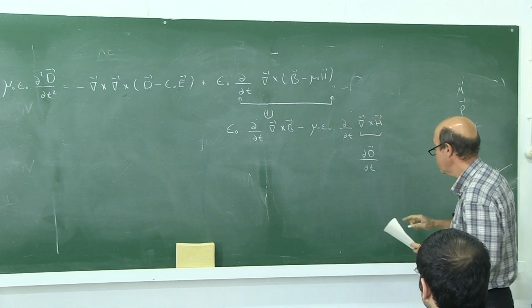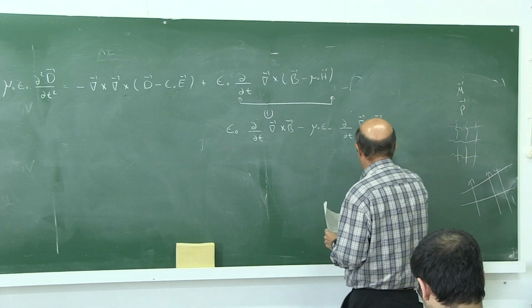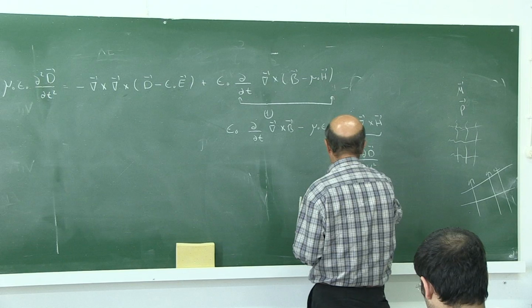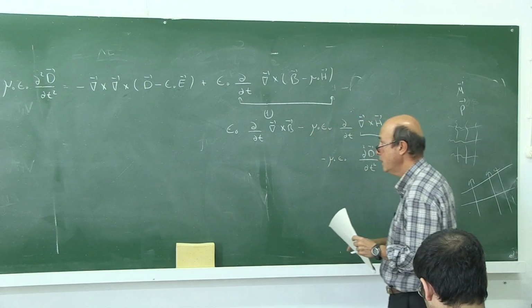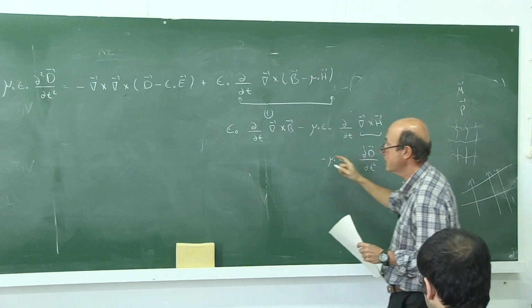Acting with del over del t gives del square over del t square, minus mu 0 epsilon 0. So we pick the one term. This is that term.